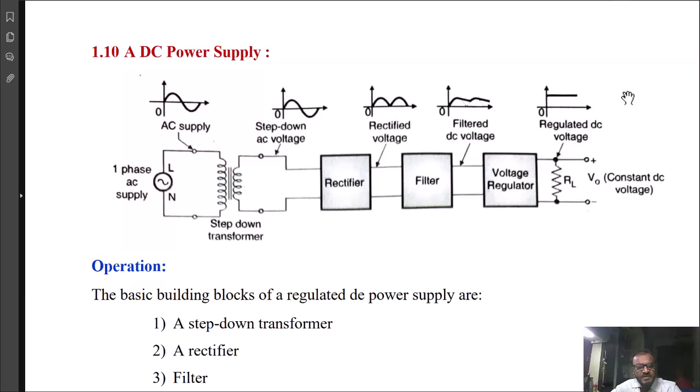The transformer is a device which just transfers the power from the primary circuit to the secondary circuit without altering the frequency and wave shape of the power line signal.